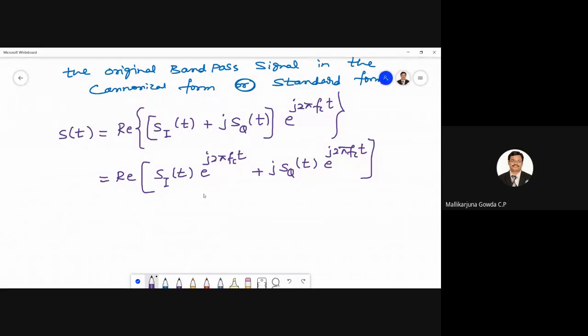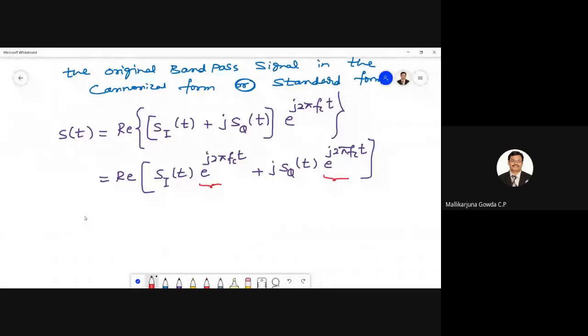So what can I substitute for e power j 2 pi fct? E power j theta is what? Some Euler's rule, you know what Euler's rule is?